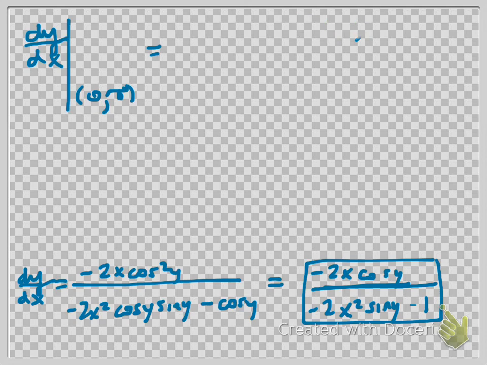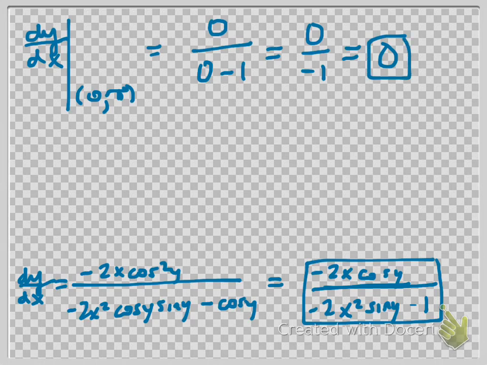All right, so the numerator is 0 because it's 0 times 1, yes? And then the denominator is 0 minus 1, which is 0 over negative 1, which is in fact 0. But if it were 0 over 0, that would be undefined, not 0. So don't just look at the numerator. Check your denominator.